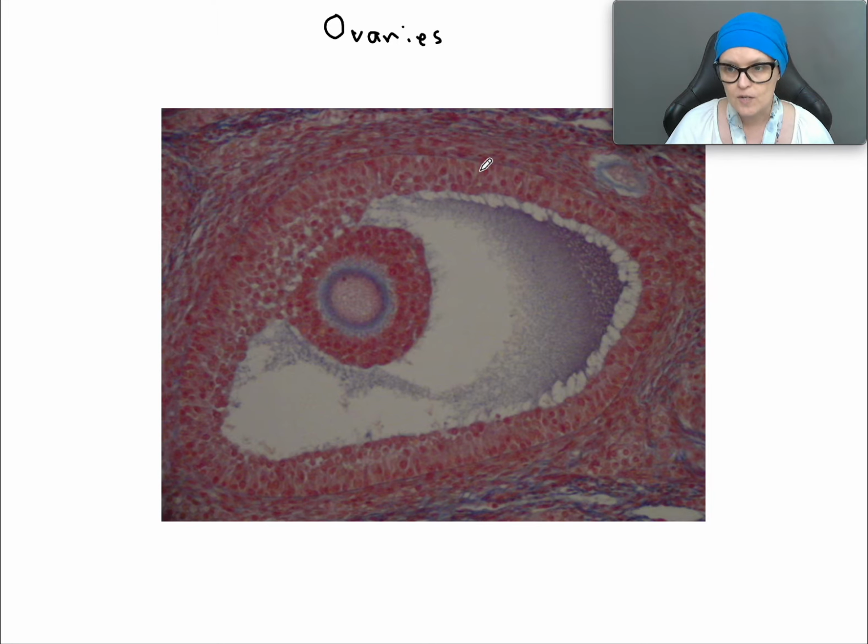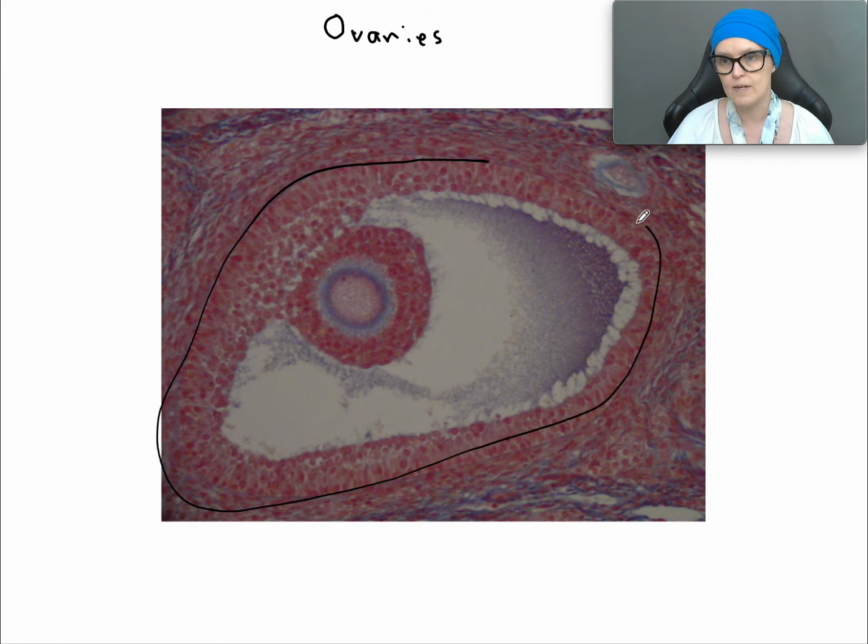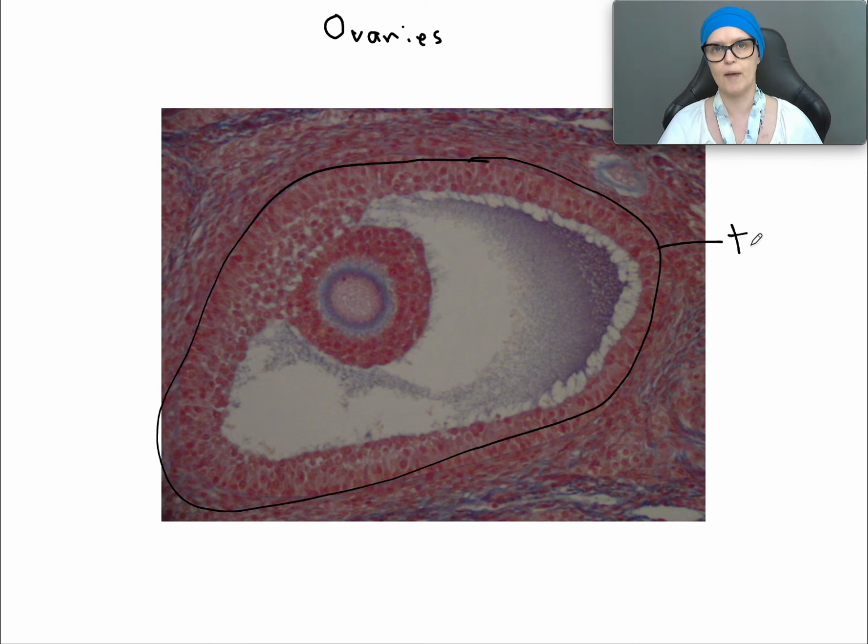Okay, so this entire round thing is called a tertiary follicle. They used to call it the Graafian follicle, but once we get back to this for Lab 4, we're not going to use that term. We're going to use the new term, so you may as well just learn the new term. And tertiary means third.